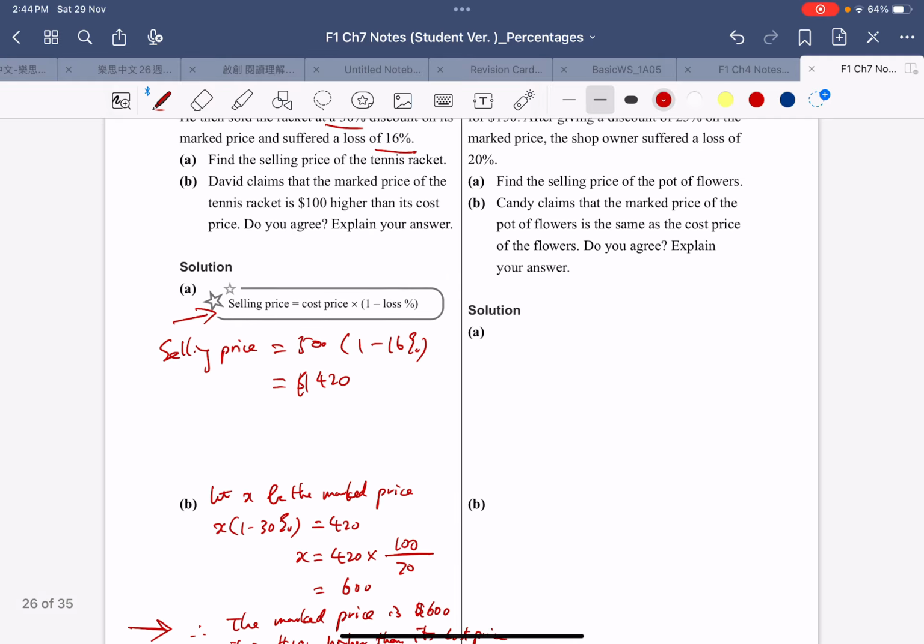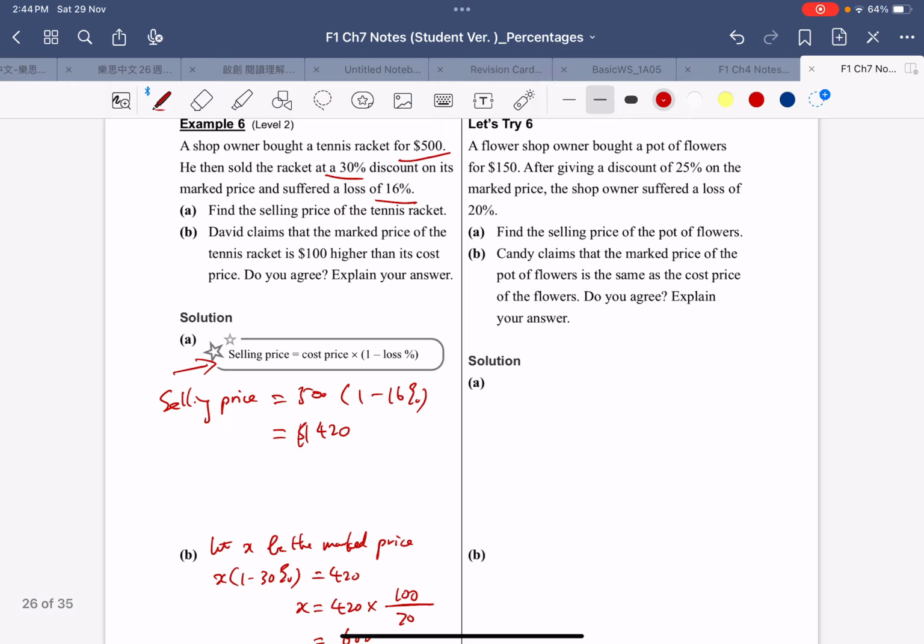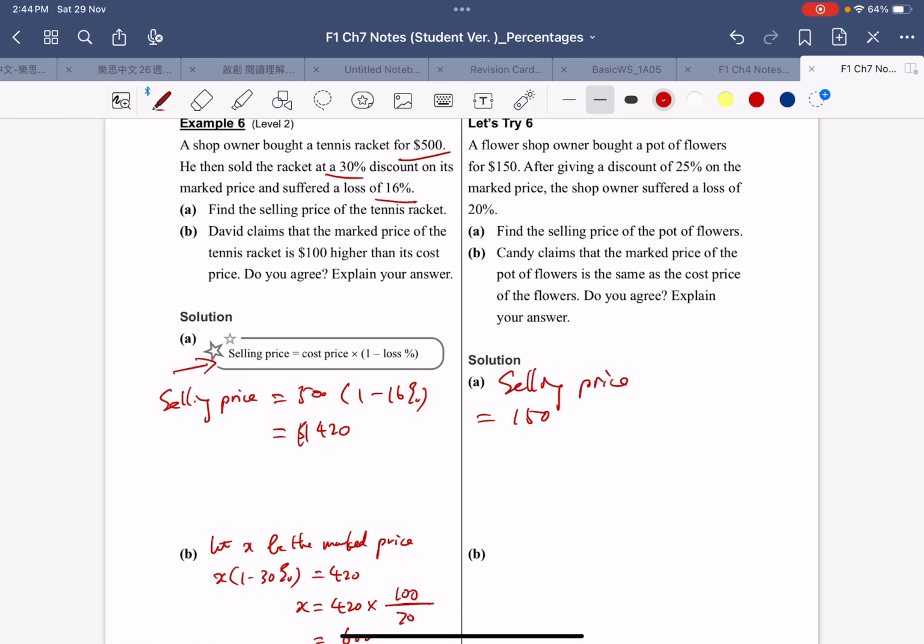Next, let's try question 6. Okay, again, selling price equals 150 times 1 minus some loss percent, and then 120.